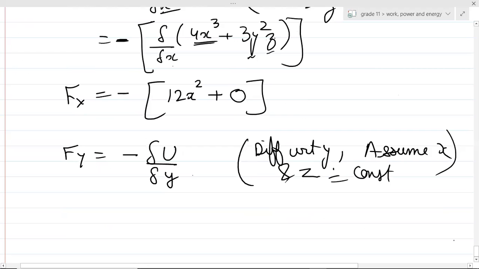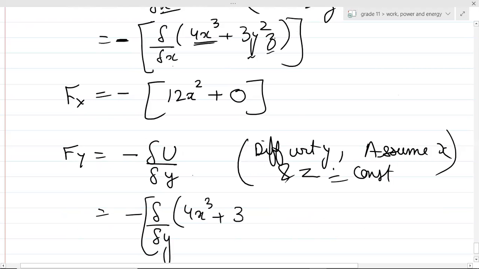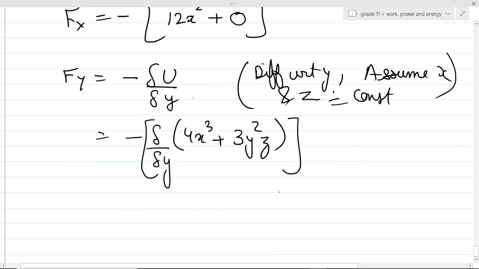So when I do that, it will be minus of delta U by delta y of 4x cube plus 3y squared z. Now can you see over here, this 4x cube will be acting as a constant, so differentiation of a constant is 0 plus.